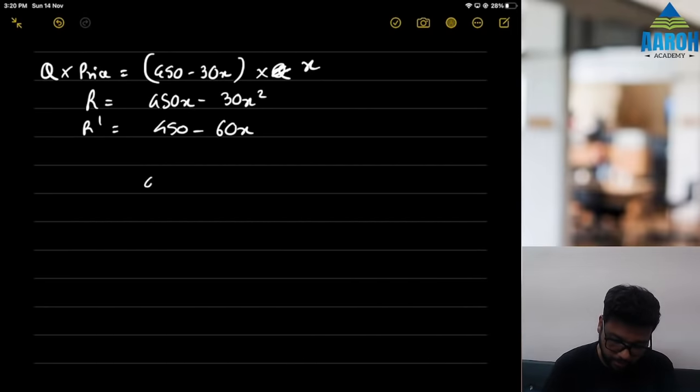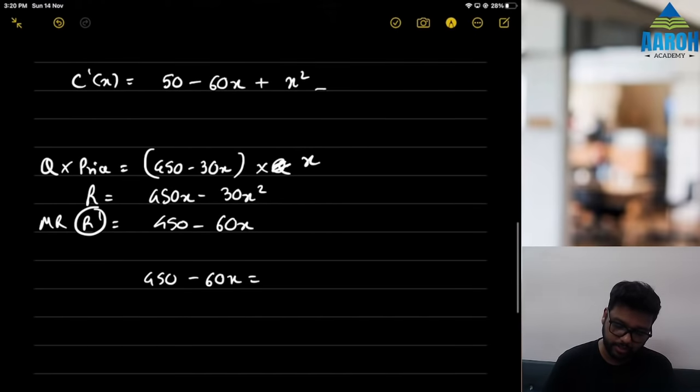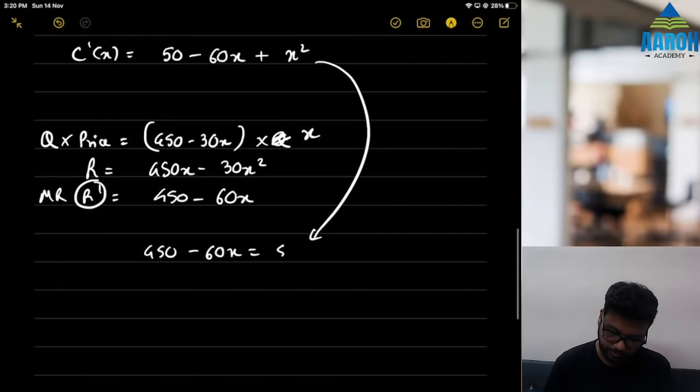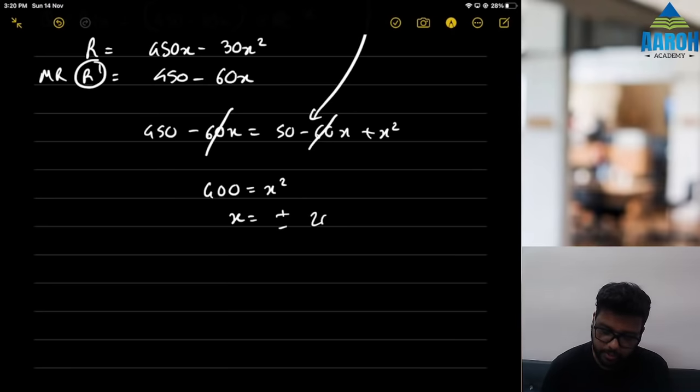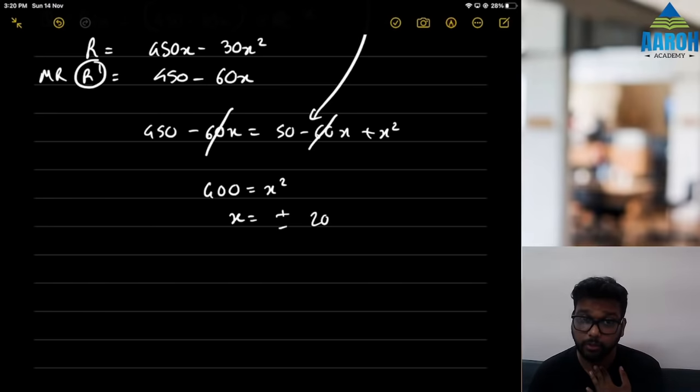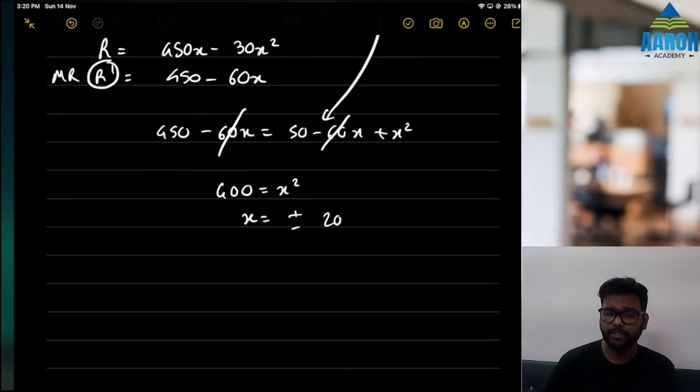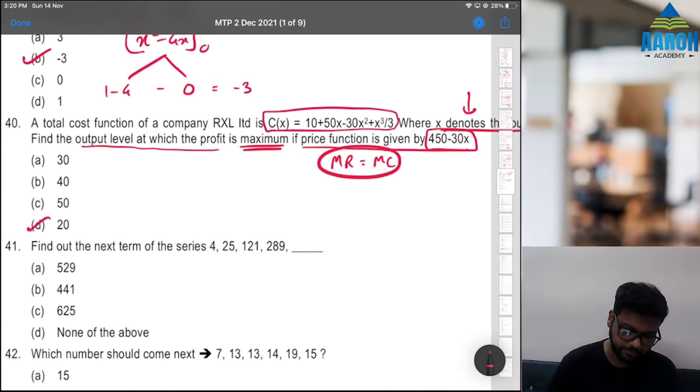Profit is maximum when marginal revenue, this is MR, is equal to marginal cost, which is this. Let's solve this. 60x can be cancelled directly. So 400 is equal to x square. That means x is equal to plus minus 20. Minus 20 is not possible because it is the number of units. So x is plus 20, option D.